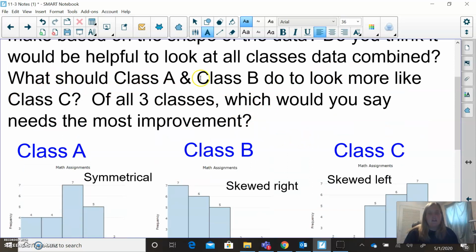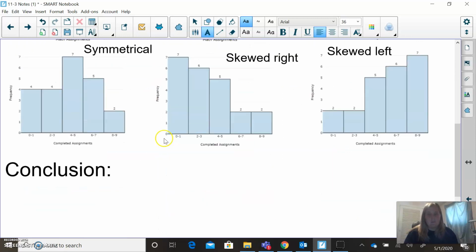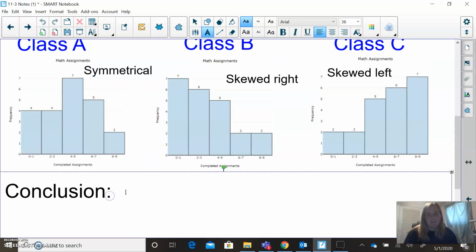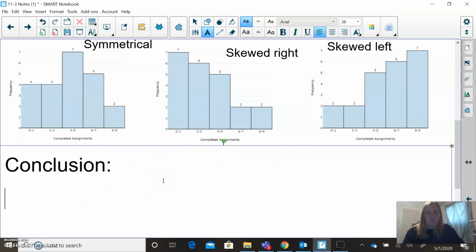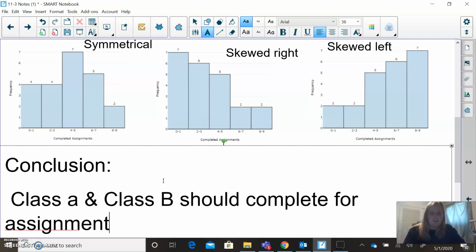So what should class A and class B do to look more like class C? Well, I think you guys know the obvious answer: class A and class B should complete more assignments.